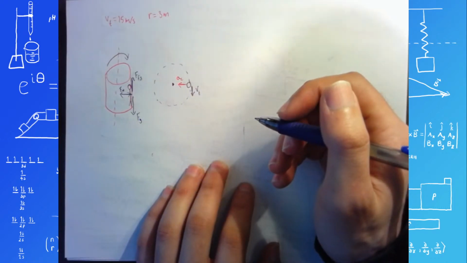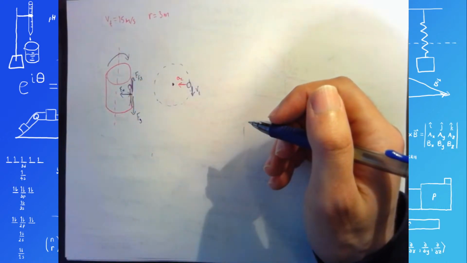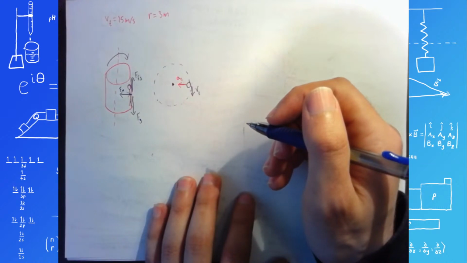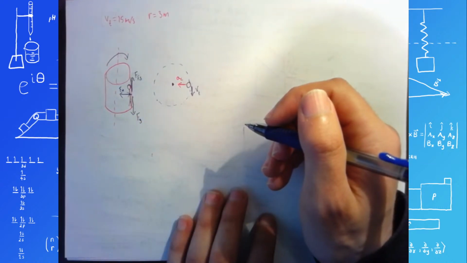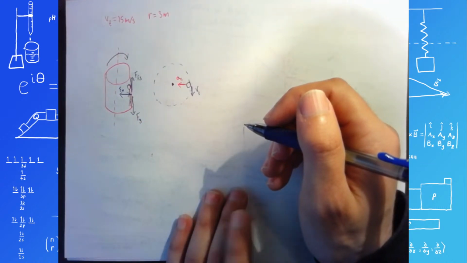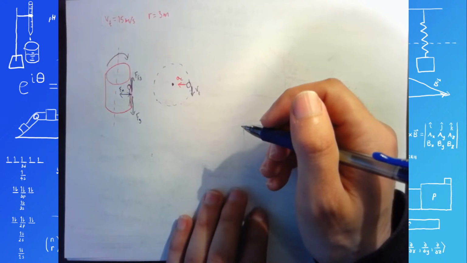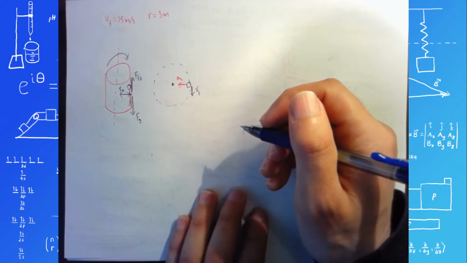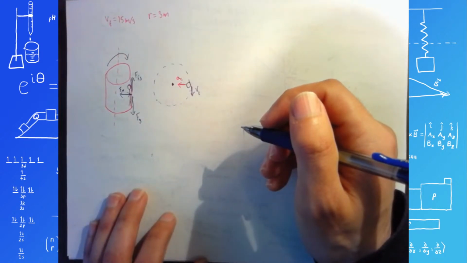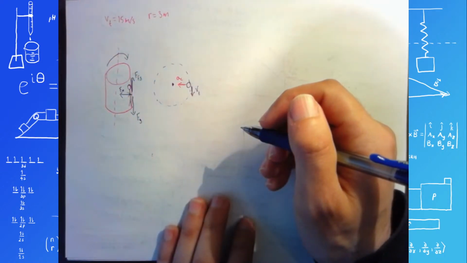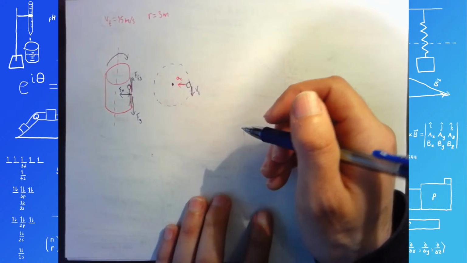So we know that the friction and gravitational force cancel out, otherwise this person wouldn't be in uniform circular motion. To be in uniform circular motion, your net force has to be towards the center. So all forces that are not pointing either towards or away from the center, all forces perpendicular to that direction must cancel out.